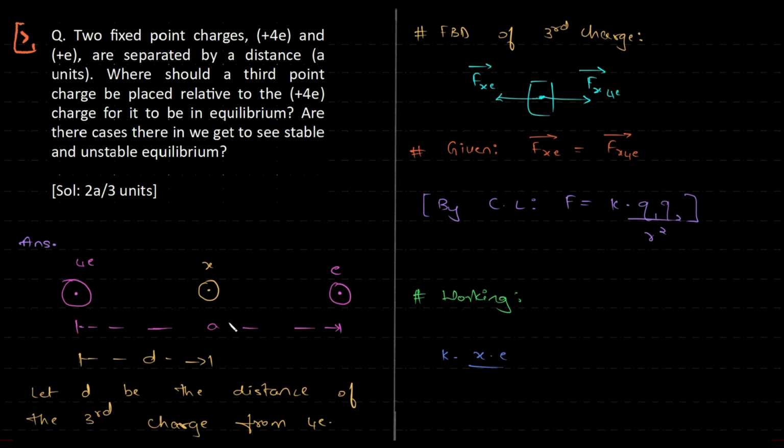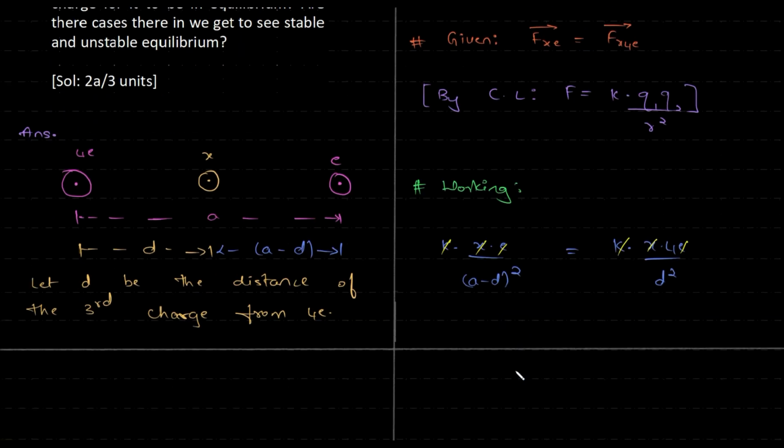Between x and e, the distance would be a minus d, the whole square. That equals k times x into 4e by d squared. So k x e and k x e are common. We just have to solve this.